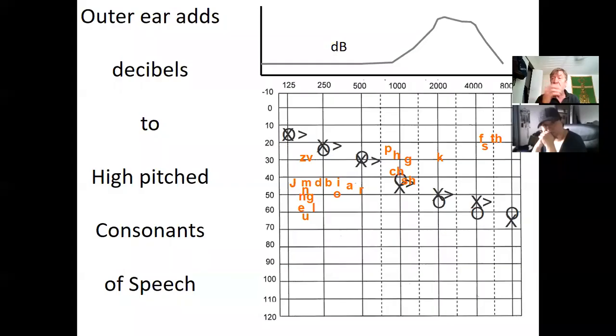But because we are an animal that talks and we use vowels and consonants, we must hear those highs. And the outer ear is naturally resonating with high frequency consonants. So that's how we take it home in Unit 3, because in Unit 3, we're talking about the most important complex sound on Earth, speech.